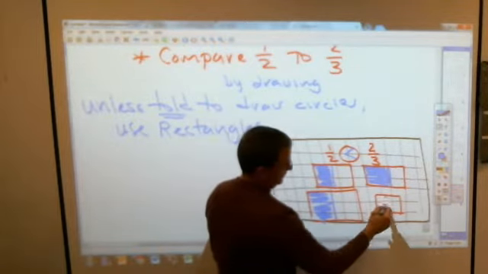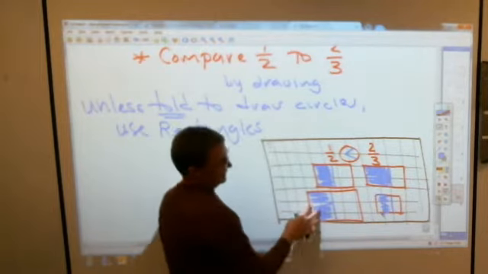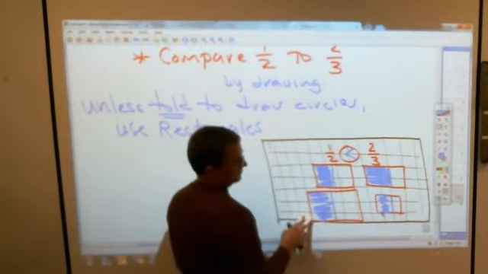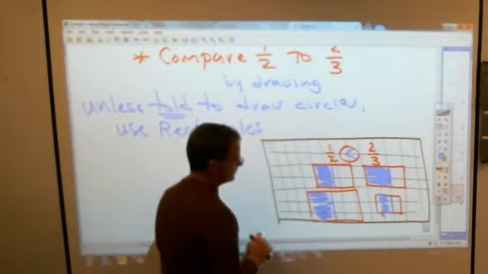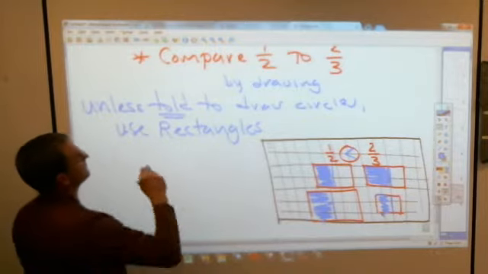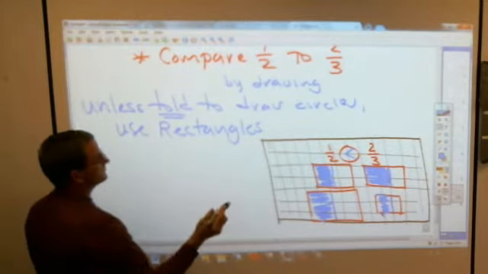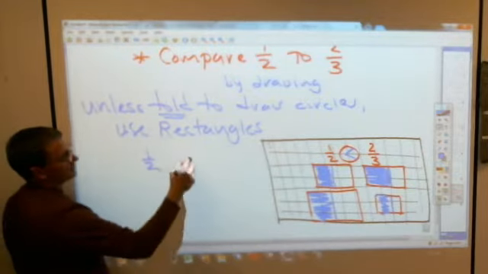This one I'm cutting into thirds and shading 2 of them. And you're like, well, clearly this has more shading than that, so half must be bigger. Well, it's only bigger because you didn't draw the rectangles the same size. A lot of times people say, yes, that's a great point.